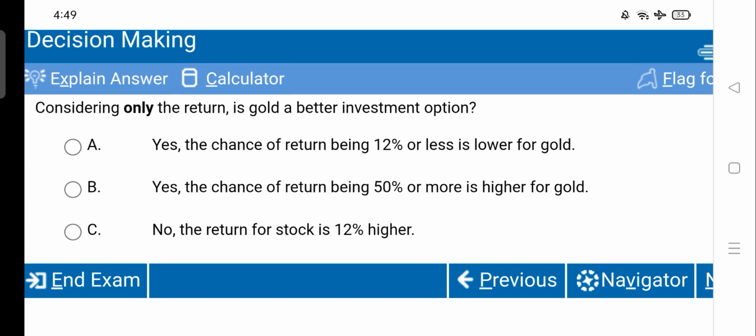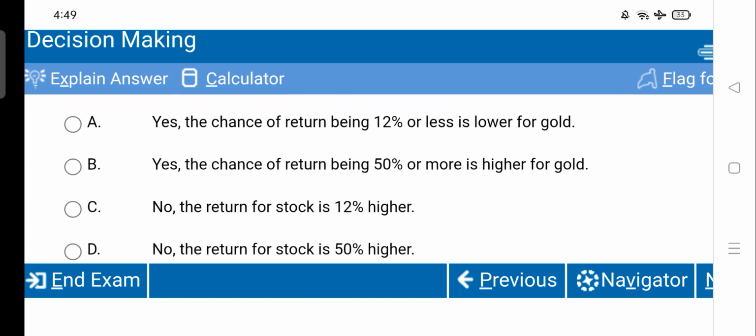The chance of return being 50% or more is higher for gold. Option C, no. The return for stock is 12% higher. Option D, no. The return for stock is 50% higher.